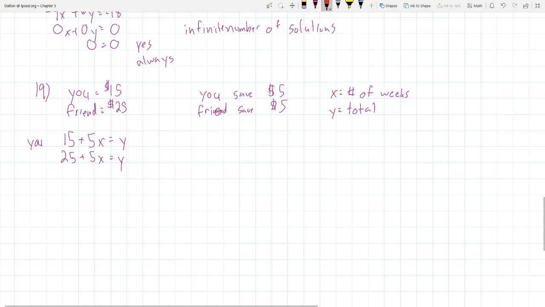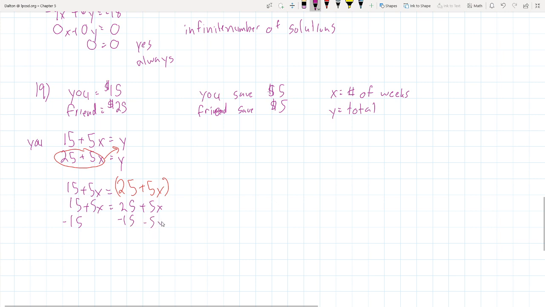I guess I could show this is going to go right up there. So I'm going to have 15 plus 5x equals 25 plus 5x. I guess I should technically put this into parentheses. So I get 15 plus 5x equals 25 plus 5x. Let's subtract 15 from both sides.